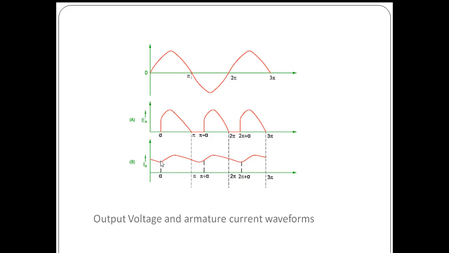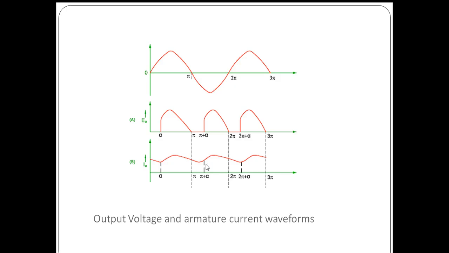Slowly the current will be rising when the output voltage starts and it reaches its maximum value, and it is not reaching zero when the output voltage reaches zero. It will continue the conduction from pi to pi plus alpha, as the available energy across the inductor will drive current through the freewheeling diode as we discussed.